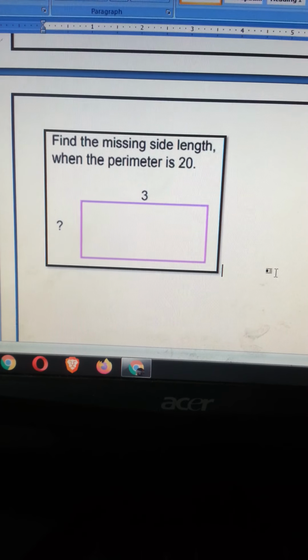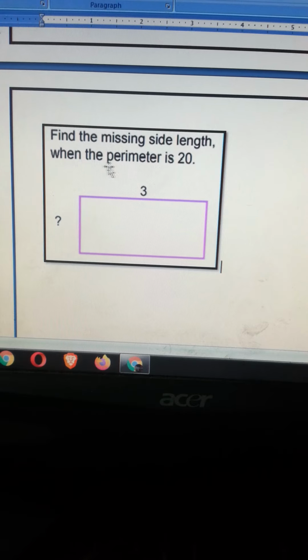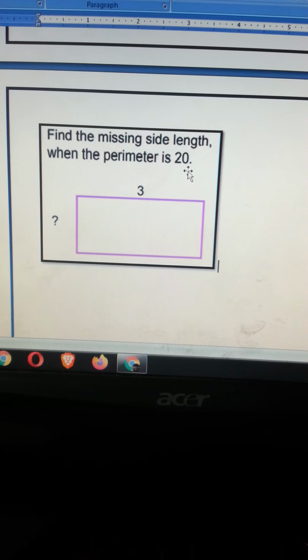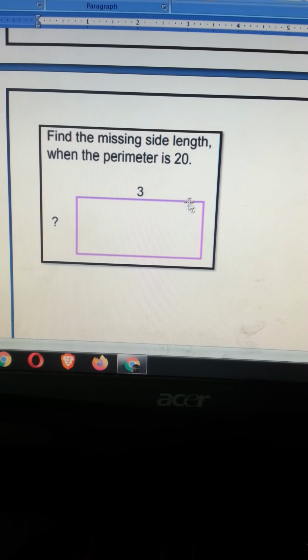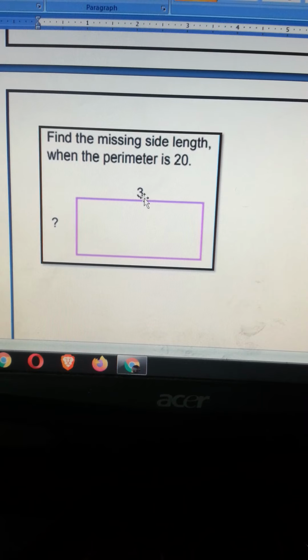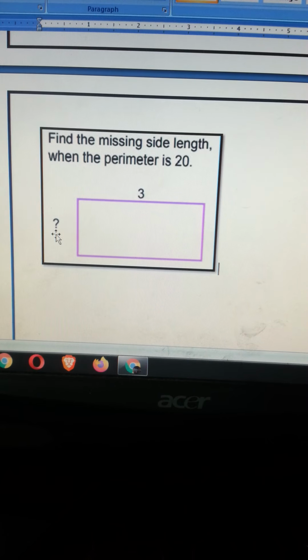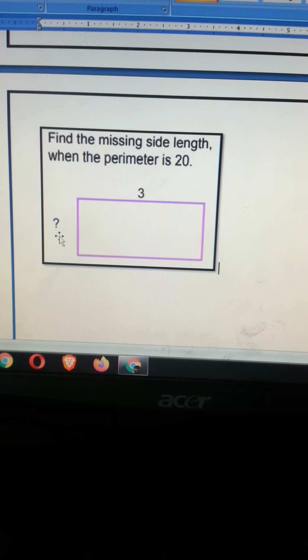Now here is a question given to us: find the missing side length when the perimeter is 20. Okay, we have been given a perimeter which is 20 and one side, whatever we can call it, a length, which is 3, and the other side is not given, unknown to us. So we are going to find it out by putting in the formula.